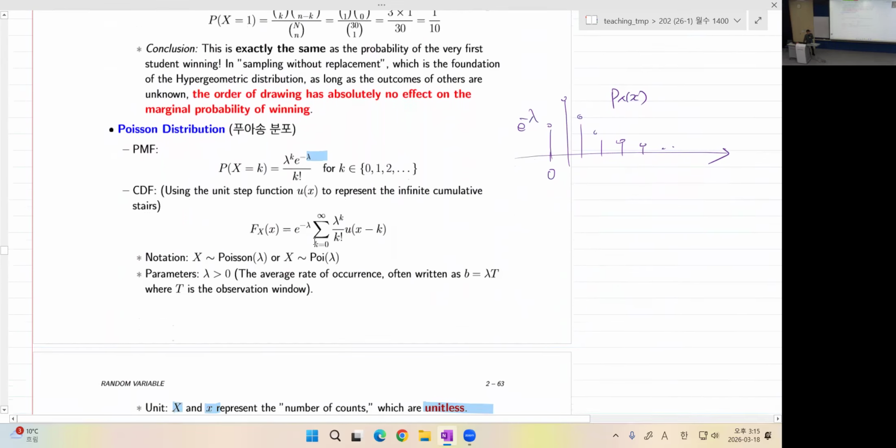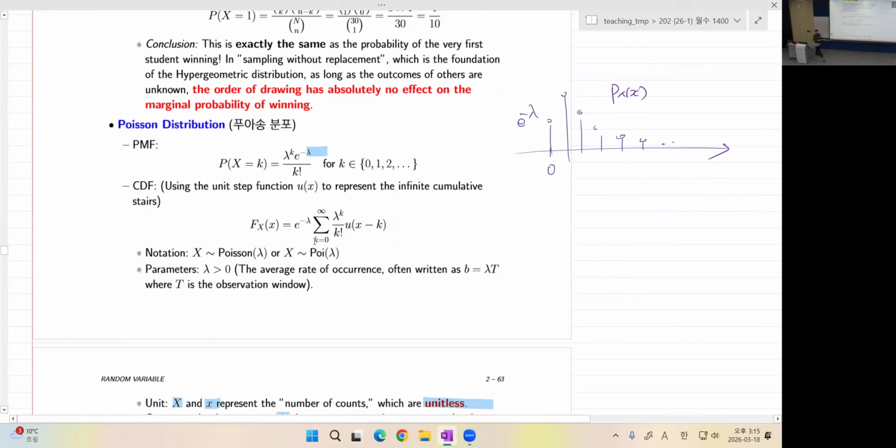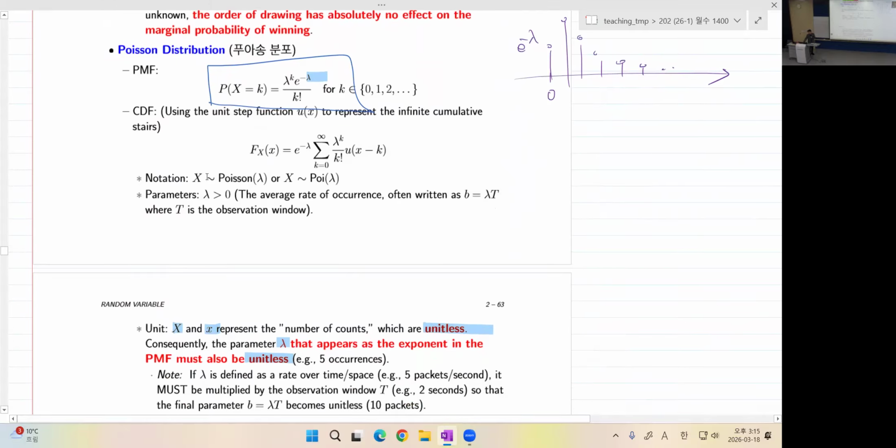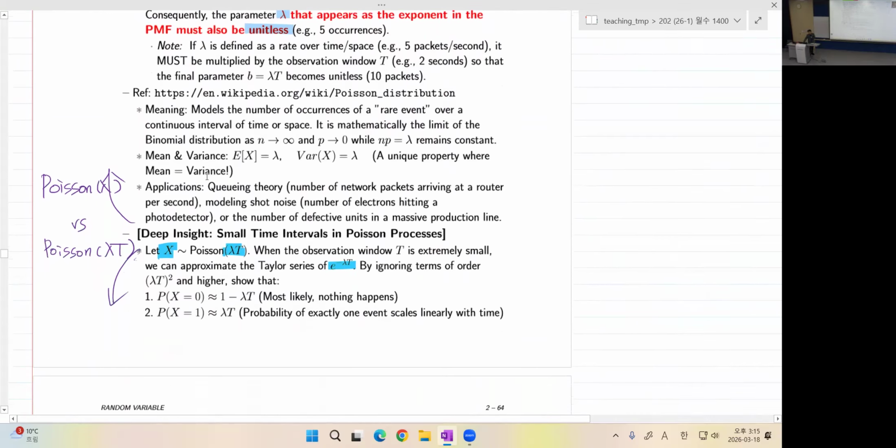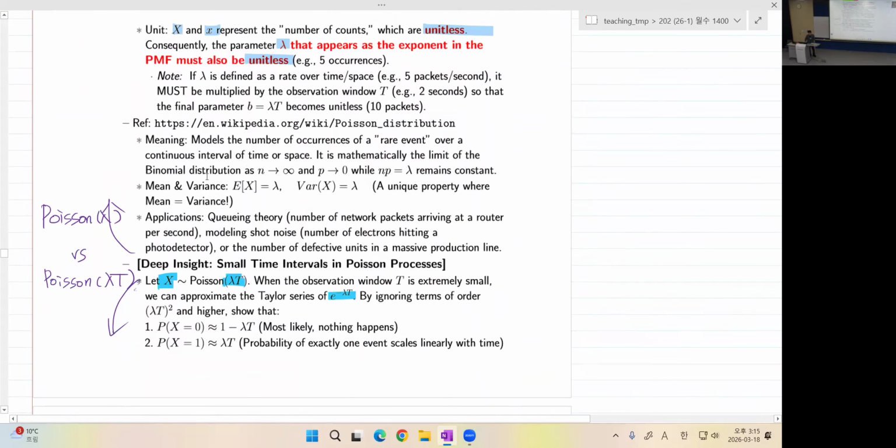So you try that. And there is another very important family of distributions called the Poisson distribution. And here goes the probability mass function. And you can also find the cumulative distribution function and others. By the way, sometimes instead of using Poisson lambda, we love using Poisson lambda t.